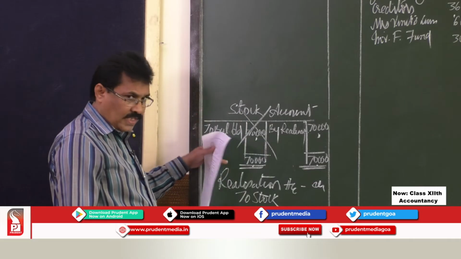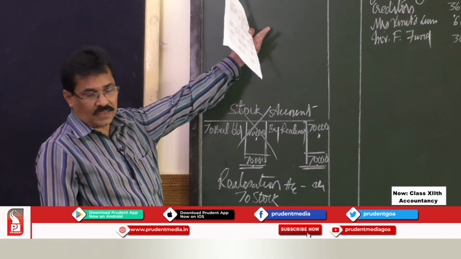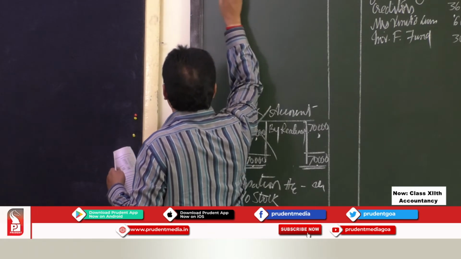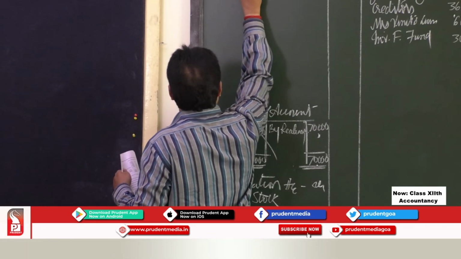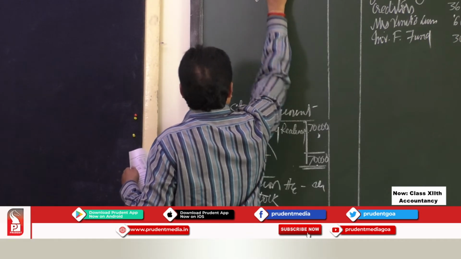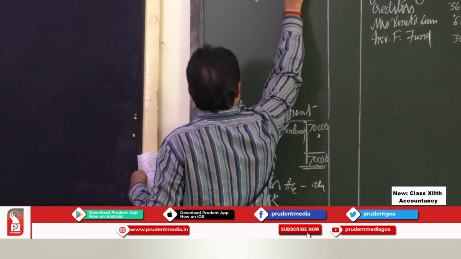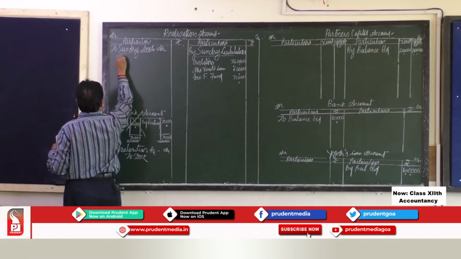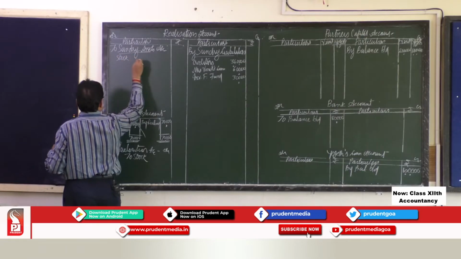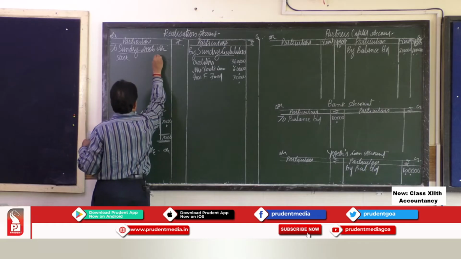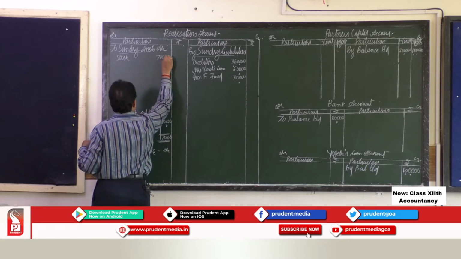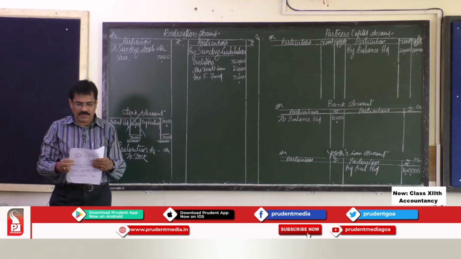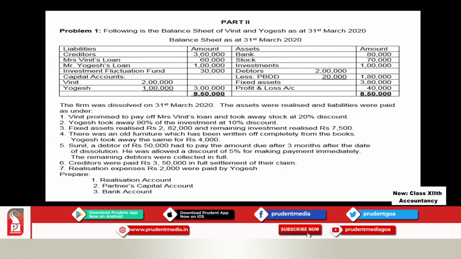Now, we are closing this account by transferring to realization account. When you transfer, it comes on the debit side as to sundry assets account. Under this heading, we list out all the assets. Stock rupees 70,000. Next is investment.